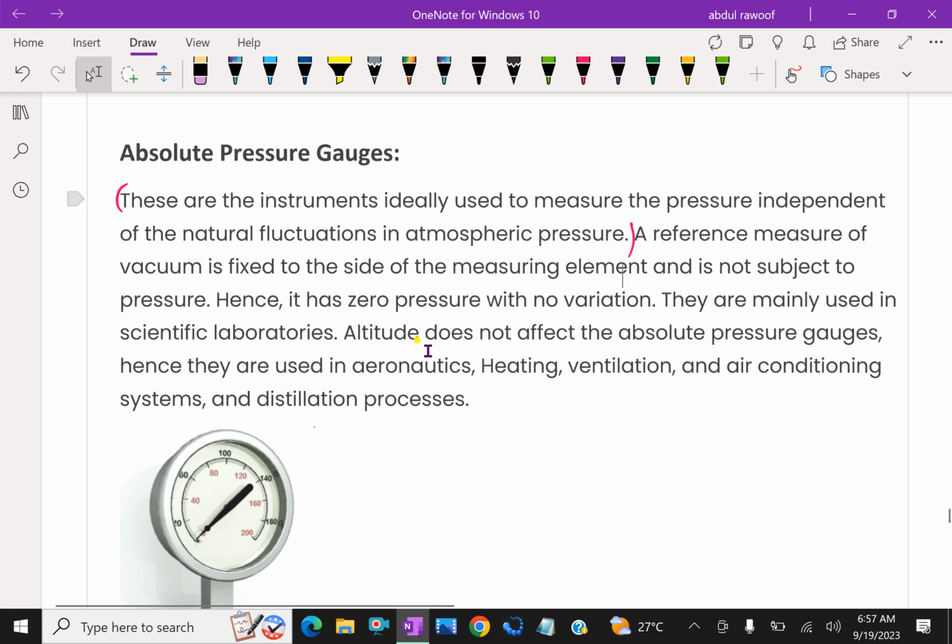Absolute altitude does not affect the absolute pressure gauge. Hence, they are used in aeronautics, heating, ventilation, and air conditioning systems and distillation processes. That means altitude does not affect the absolute pressure gauge, so it's useful in many areas.